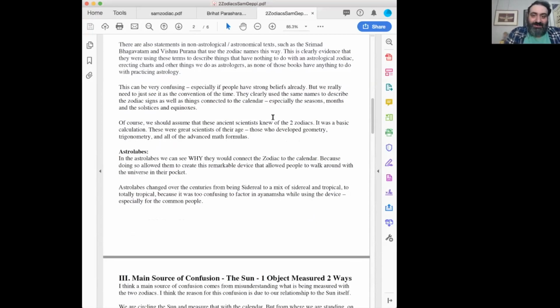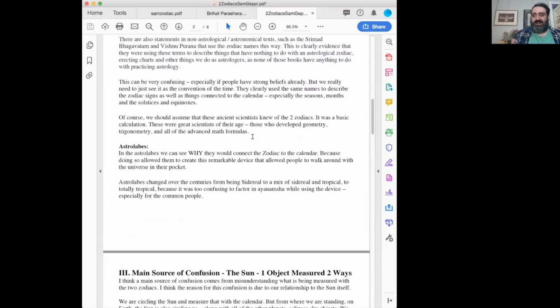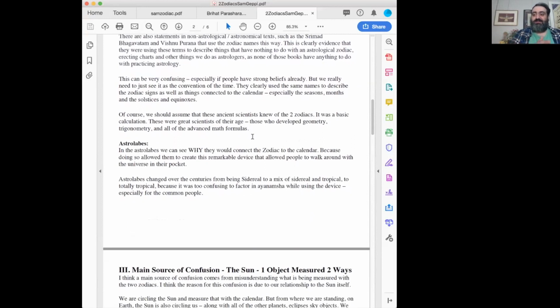Well, there's something I want to point out. I remember Robert Hand quoted something really nice: Western astrology was never fully tropical, and Vedic astrology was never fully sidereal. In the Brihat Horashastra chapter related to Vimshottari Dasha, he starts from Kritika and the Sun.